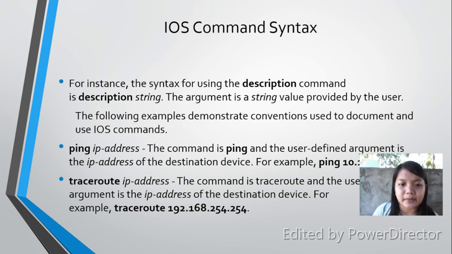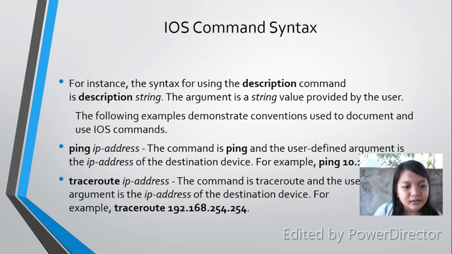You will ping PC2 from PC1. I forgot to say that ping tests the connectivity of the two networks. So you will type ping and then the IP address of PC2. Then if you get replies, it means that they have a connection.